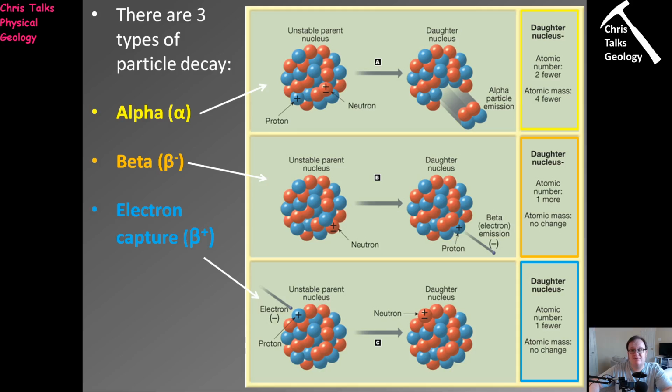So what's going to happen to our nucleus? Well, obviously, because we've kicked out a particle that contains 2 protons and 2 neutrons, the atomic mass of our nucleus is going to go down by 4. 1, 2, 3, 4. The proton number of our nucleus is going to go down by 2, because we got rid of 2 protons, didn't we? 1, 2.